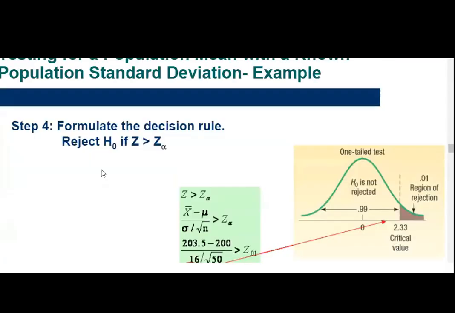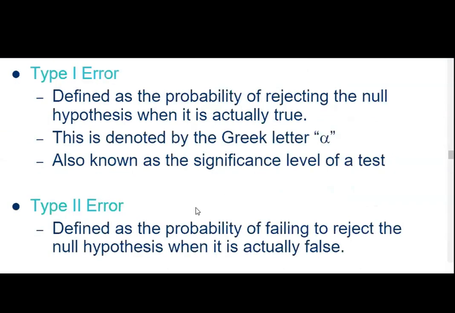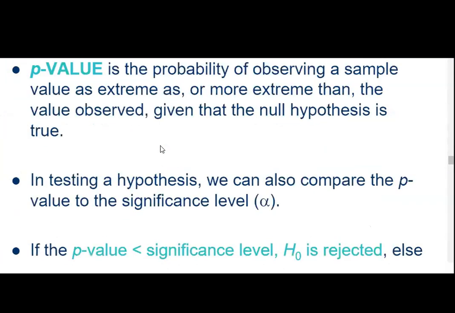Okay, so this is type 1, type 2 error again, same topics. And that's the p-value. So what is the statistical definition of the p-value? The p-value is the probability of observing a sample value as extreme as or more extreme than the value observed, given that the null hypothesis is true, right?